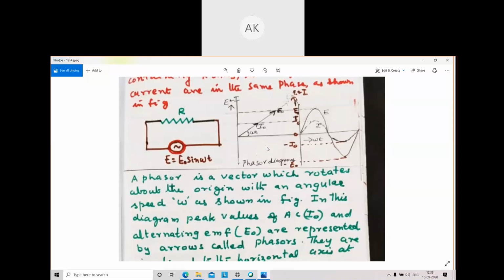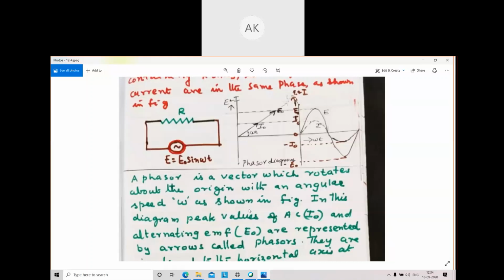So we should show the phase of the voltage and current. A phasor is a vector which rotates about the origin with an angular speed omega as shown in the figure. This is the origin. So that vector is rotated with an angular speed omega from the origin.